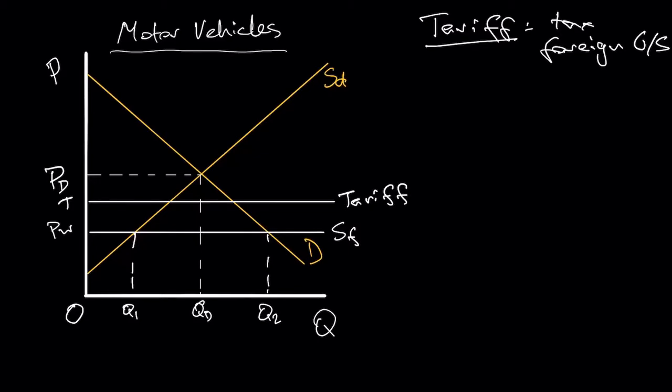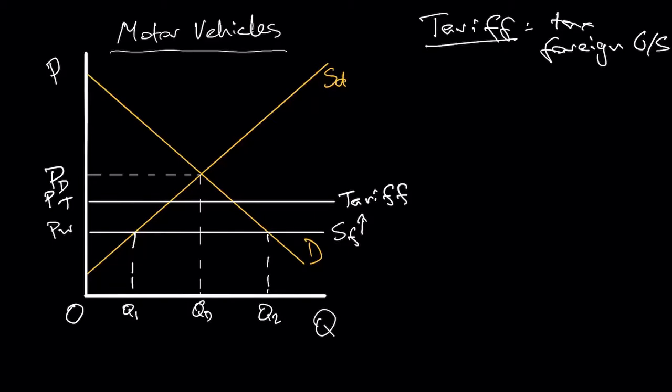What has happened is that the foreign supply of the good has shifted up by the amount of the tariff, or the tax on the imported good, which has resulted in a price increase. So imports sold on the domestic market will be sold at a higher price, which is price PT on the diagram.